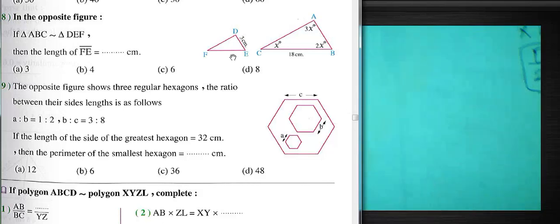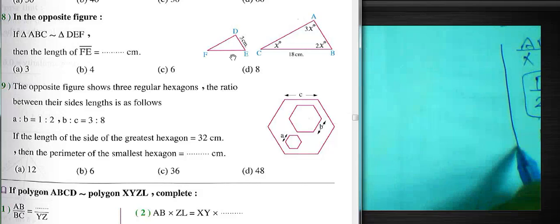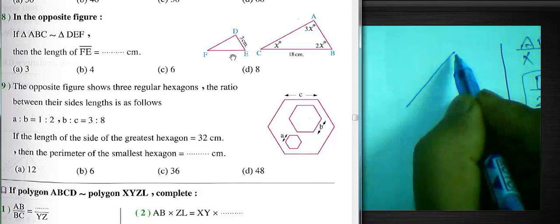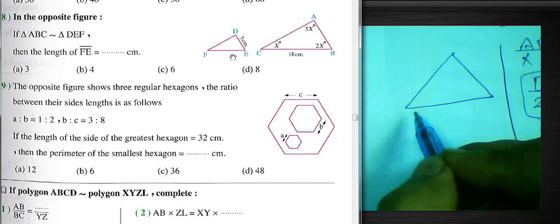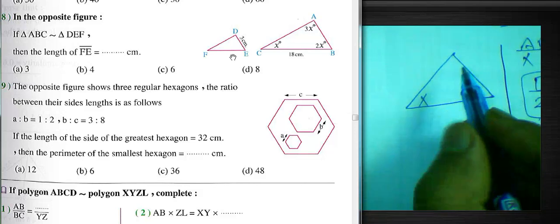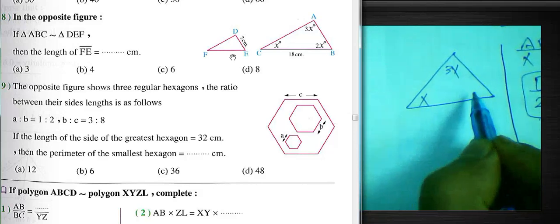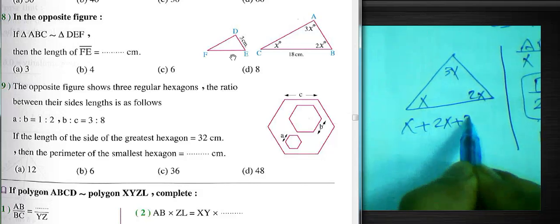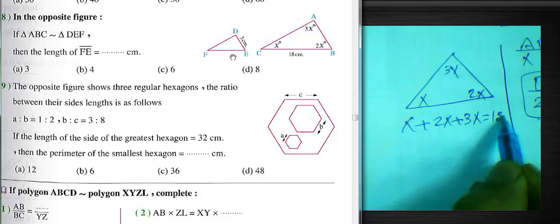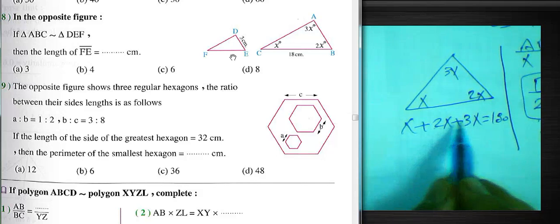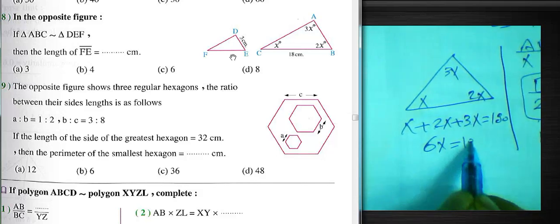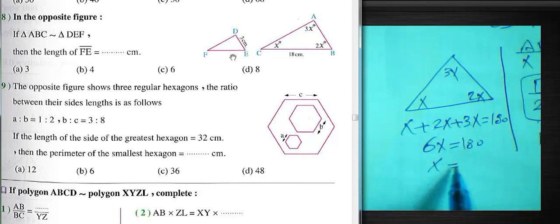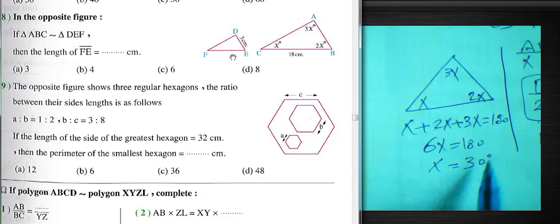You must know the sum of the interior angles of any triangle equals 180. The angles are x, 2x and 3x. x plus 2x plus 3x equals 180. x plus 2x is 3x, plus 3x is 6x, equals 180. You divide by 6, so x will be 30 degrees.